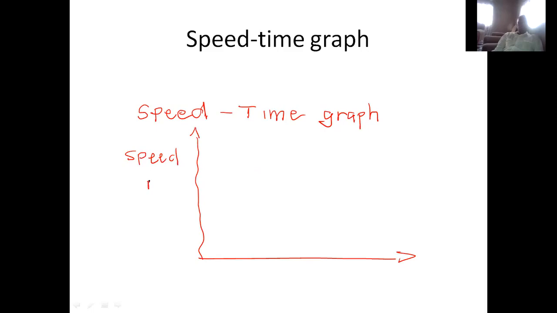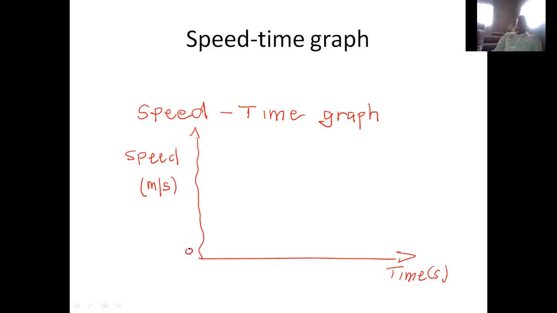And then you have to write the units, and the speed or velocity is measured in meters per second. On the other side, we write that it is time, in units of seconds.